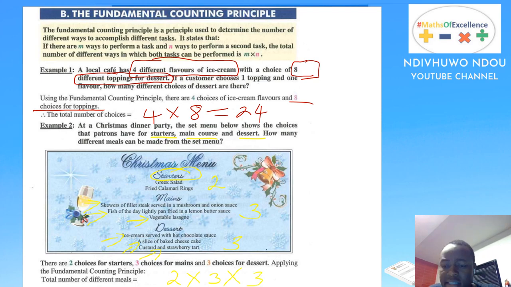So it's 2 times 3, which is 6, then multiplied by 3, which is 18. So there are 18 different meals that can be made there. So the person can simply make 18 different choices or different combinations if the person is to buy in this restaurant.